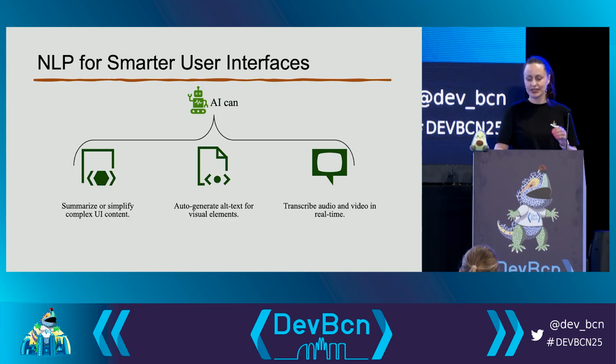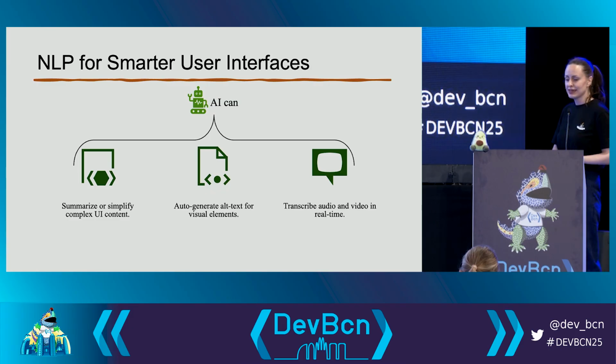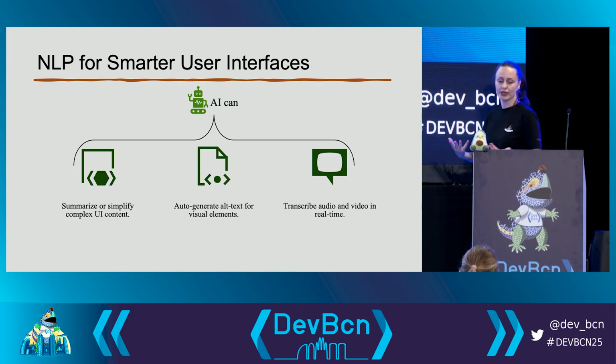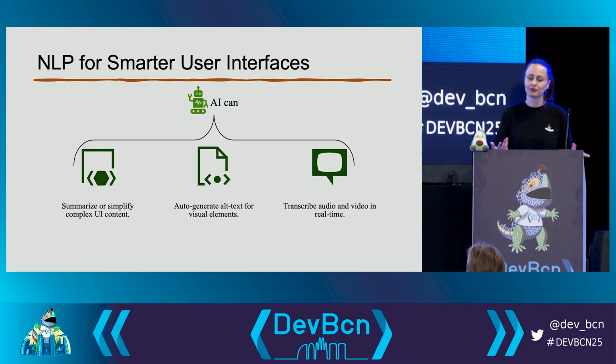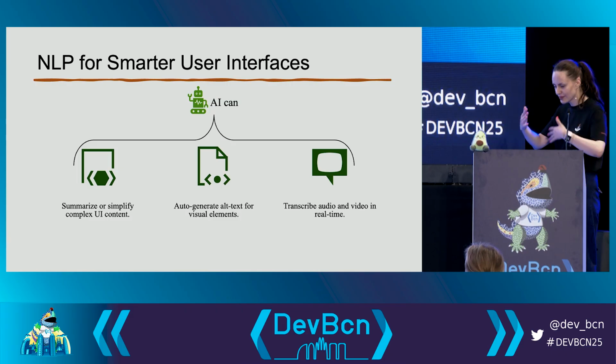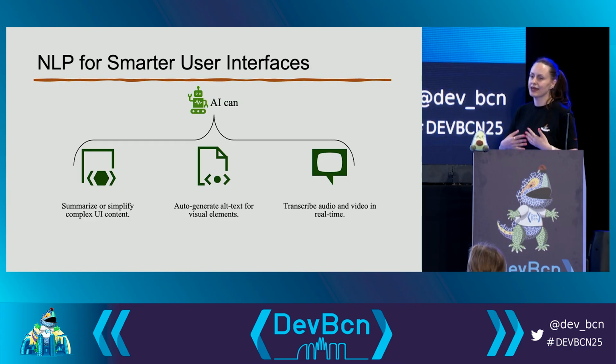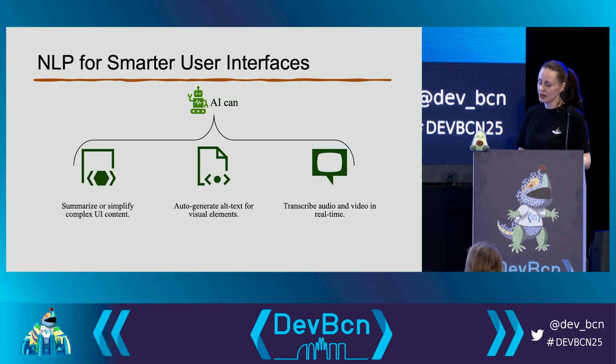Also, predictive text and autocomplete features powered by AI can help people that have motor skill issues or dyslexia. And as I said, language translations can break down barriers and enhance accessibility for those that are not native speakers.